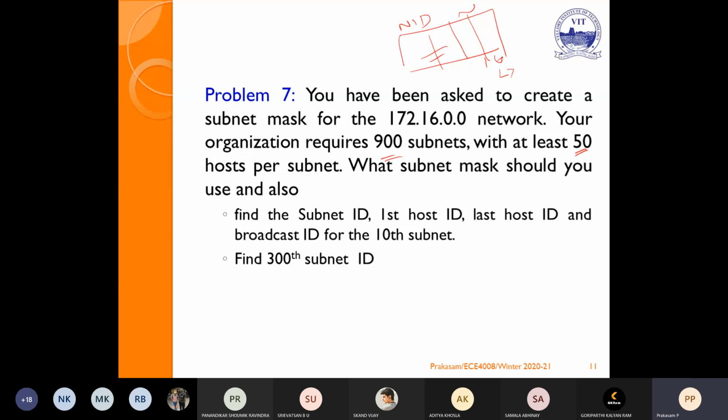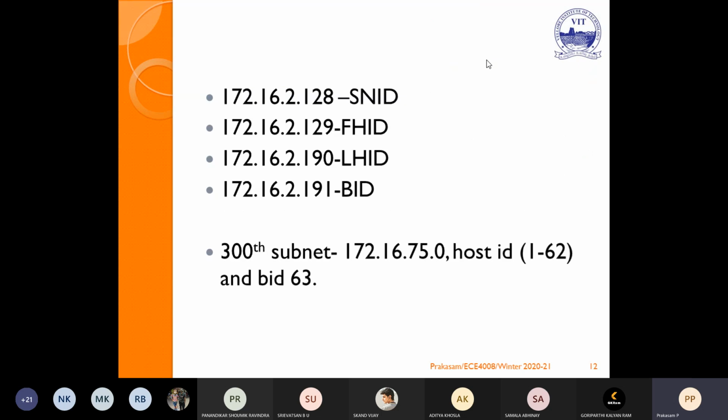Out of 16 bits, we identify how many bits are required. So it is 2 power 10, which is 1024 minus 2, so 1022. Out of 16, we allocate 10 bits for the subnet and the remaining 6 bits for the host. Based on that, we find the 900 subnet ID.